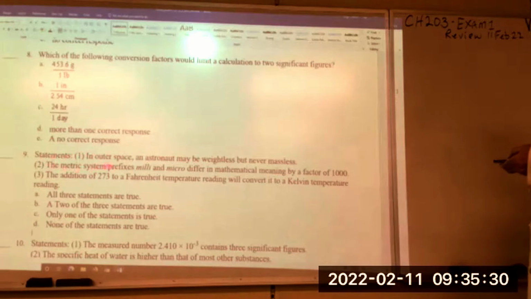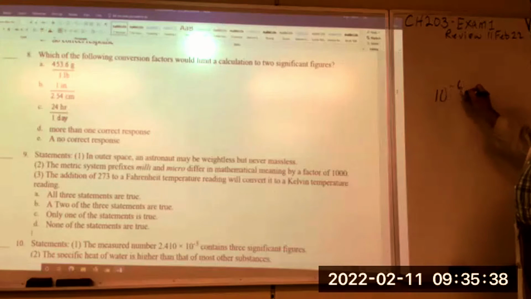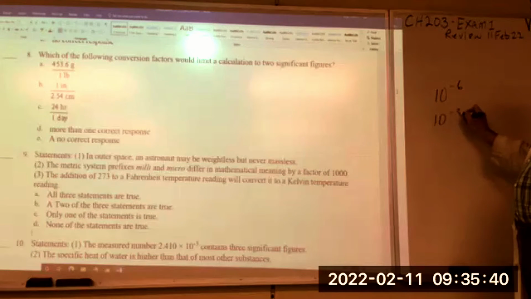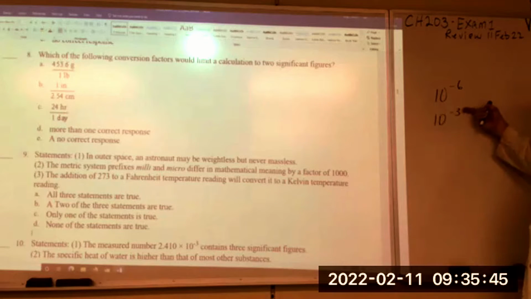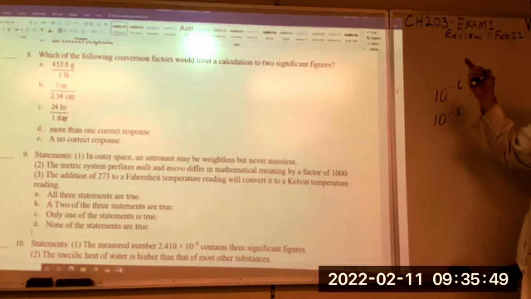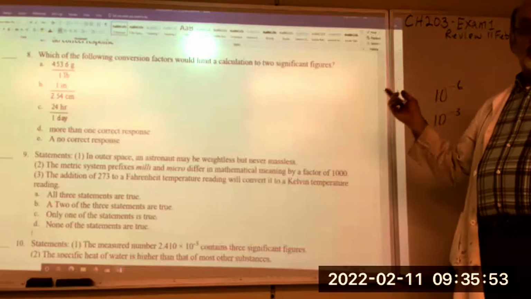The metric system prefixes milli and micro differ in mathematical meaning by a factor of 1,000. Well, let's see, micro is 10 to the minus 6. Milli is 10 to the minus 3. Yep, that's a 1,000 to 1 ratio. Right? You've got 3 orders of magnitude. Has anybody ever used that expression before? An order of magnitude is a power of 10.